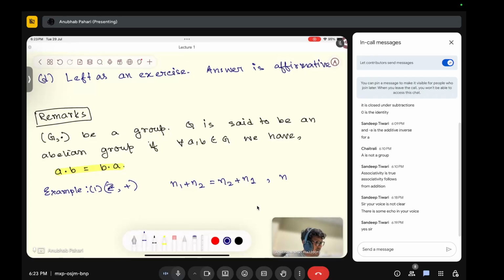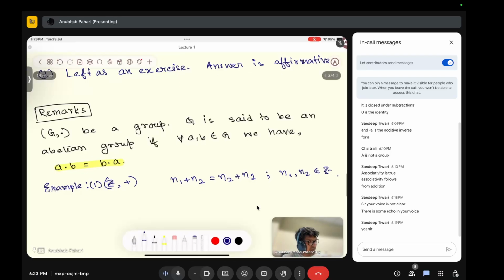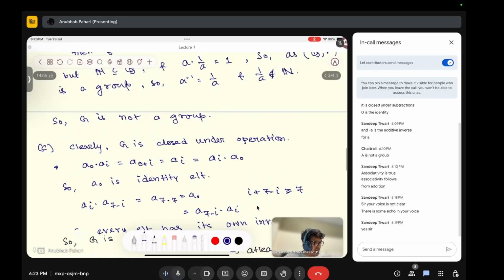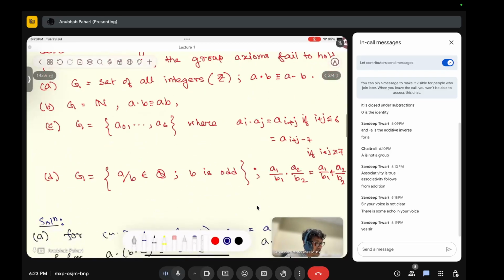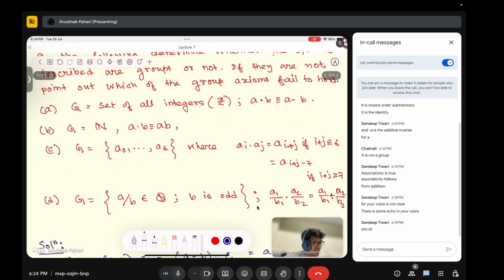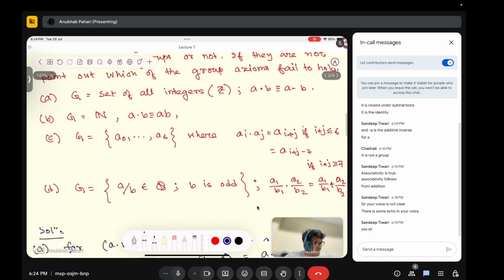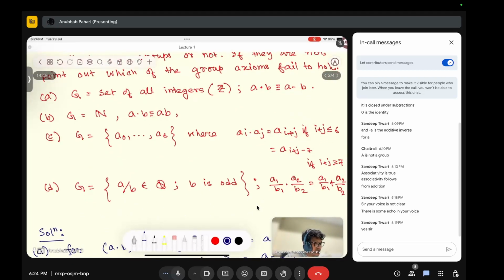You are just adding two numbers, n1, n2 belongs to Z. So again, let us see which of them are abelian here. Already we know A and B are not groups. And what about C? You know that AI plus J equals AJ plus I, right? Because I plus J is nothing but the index here. They are just keeping the data of an element.